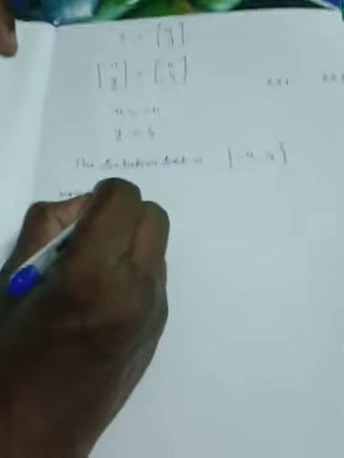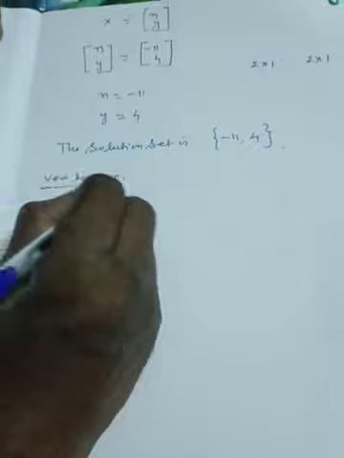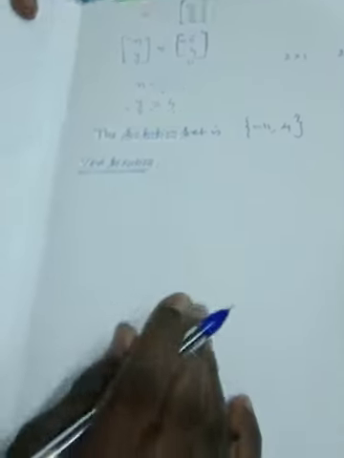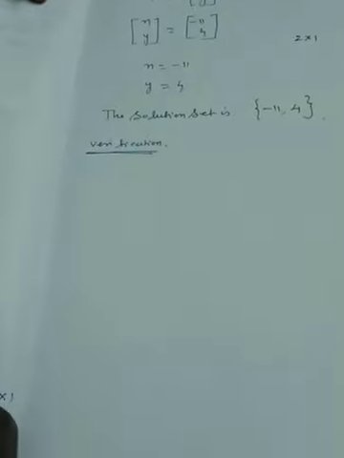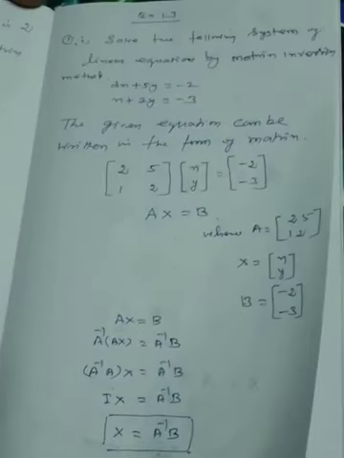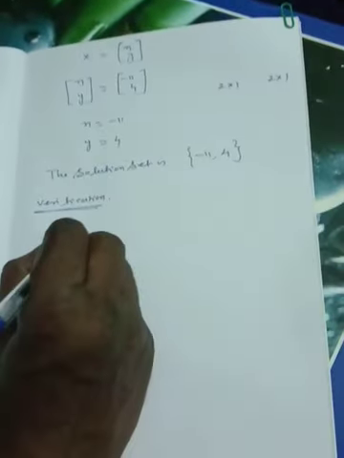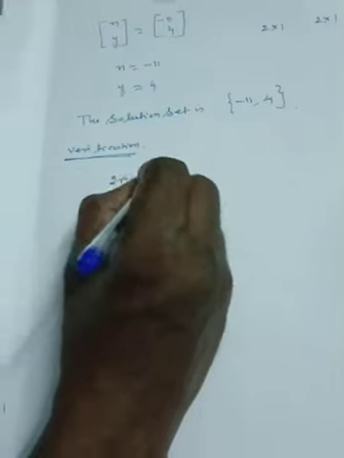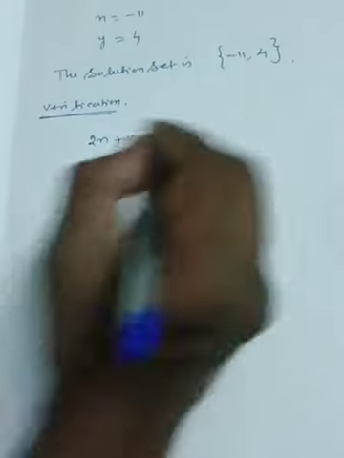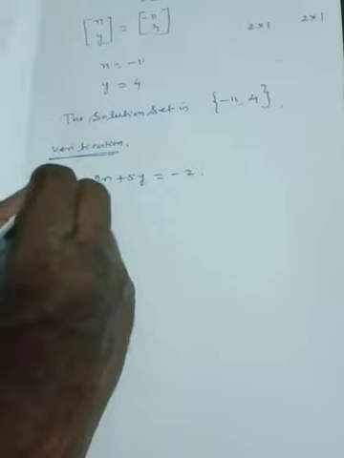Verification. Is the answer right or wrong? Checking method: take any one equation. Take the first equation, 2x plus 5y is equal to minus 2. This is equation number 1.